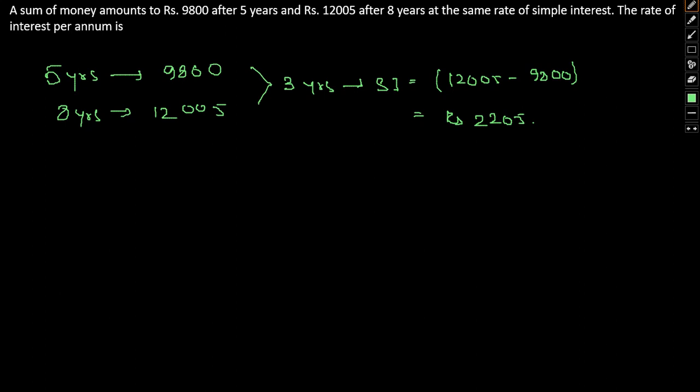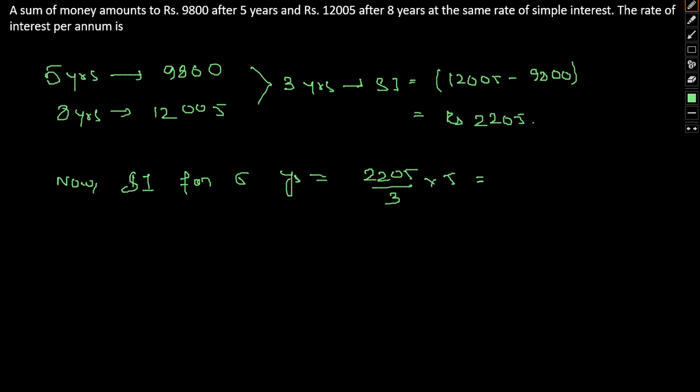Now if we talk about SI for 5 years, SI for 5 years will be 2205. Since this is for 3 years, divided by 3 we'll get the simple interest for 1 year, and into 5.